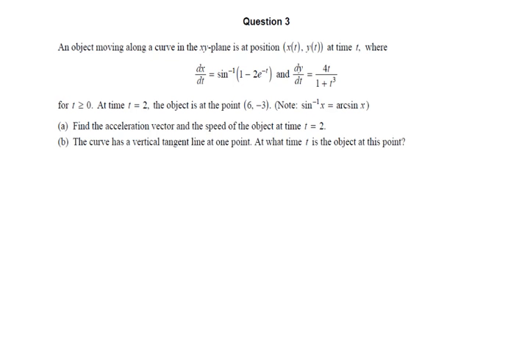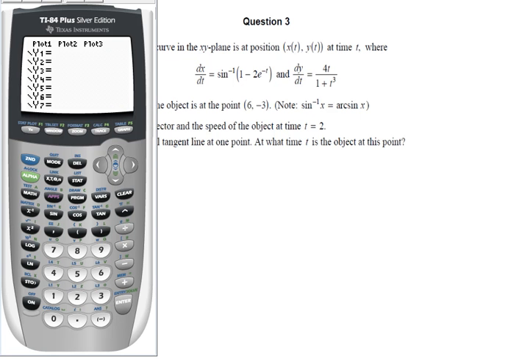So in order to do this, this is again a calculator question, so we're going to bring in the calculator and we'll put in our dx/dt and our dy/dt. So y1 will be dx/dt, that's the inverse sine, so it's second sine of 1 minus 2 times e to the negative x, or negative t in this case.